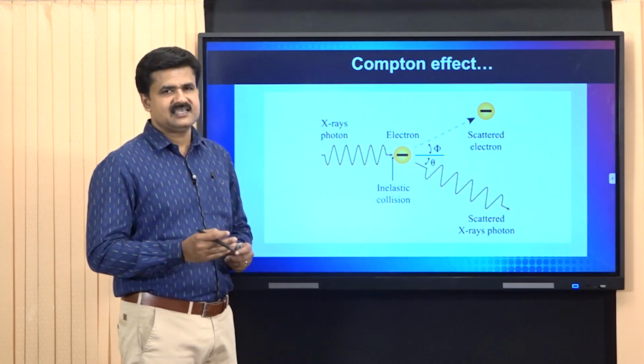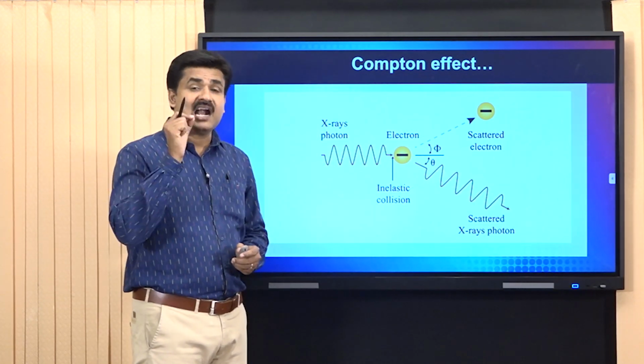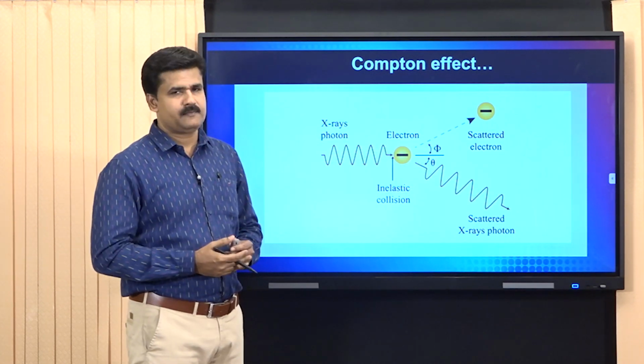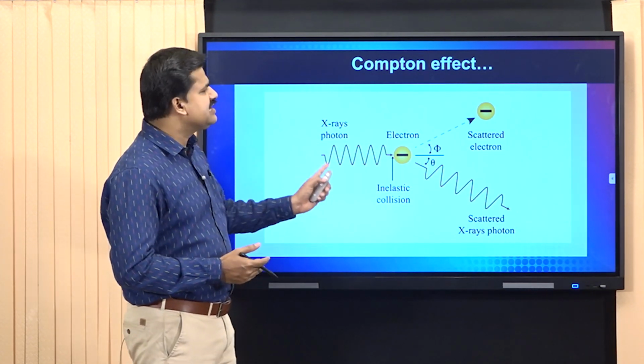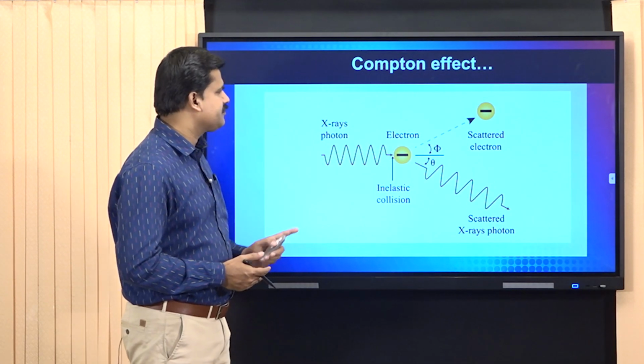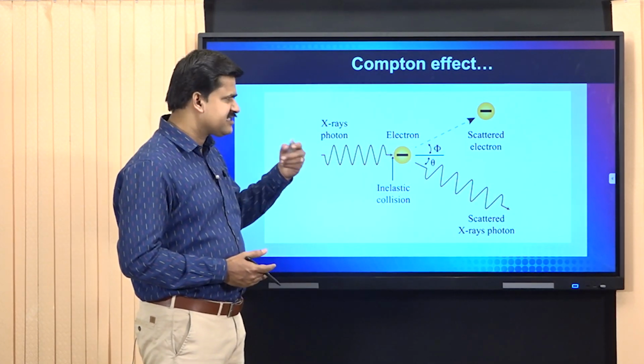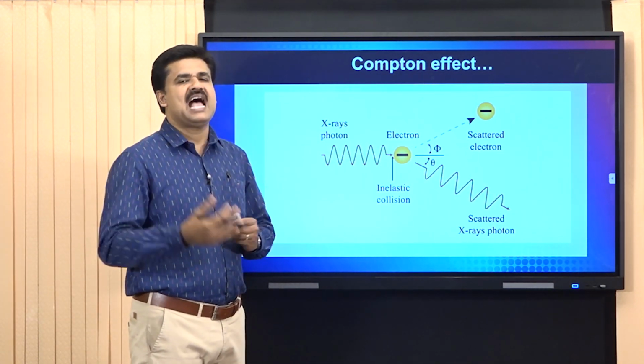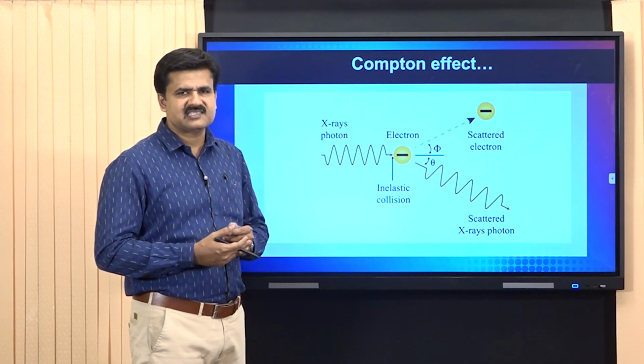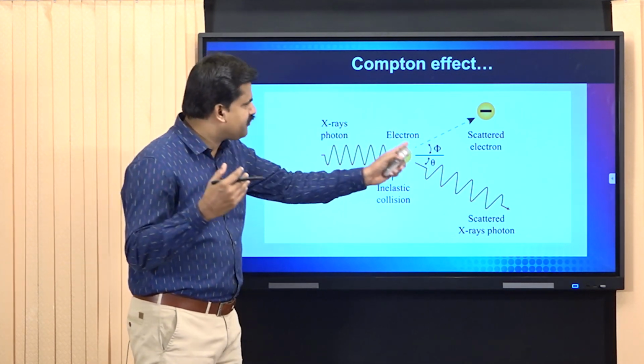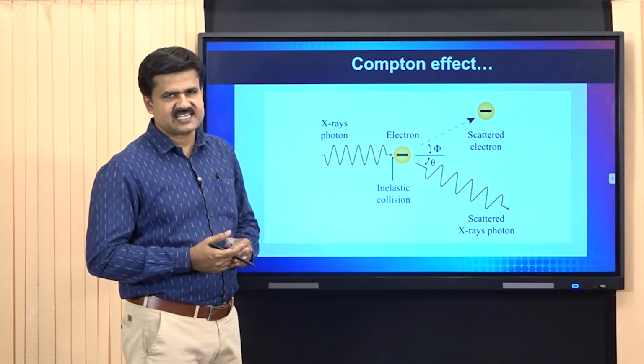This implies that electrons are the ultimate scatterers, and the electrons are scattered through a certain angle that is marked as phi in this pictorial representation.